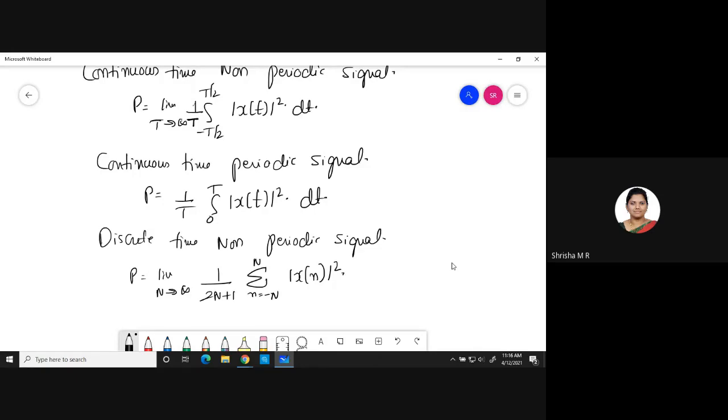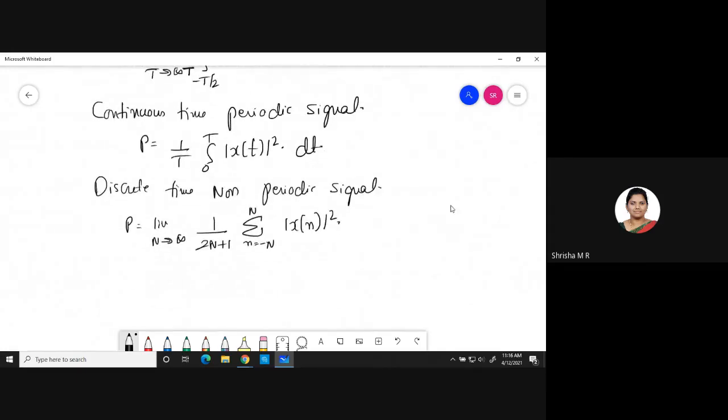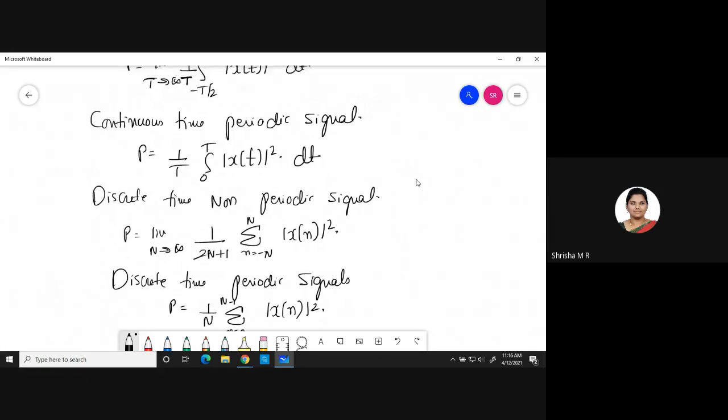This is for discrete time non-periodic signals. For discrete time periodic signals, the equation is P is equal to 1 by n, summation of n is equal to 0 to n minus 1, x of n square. This is for periodic signals. Take down these 4 equations, we'll be using them for solving problems.